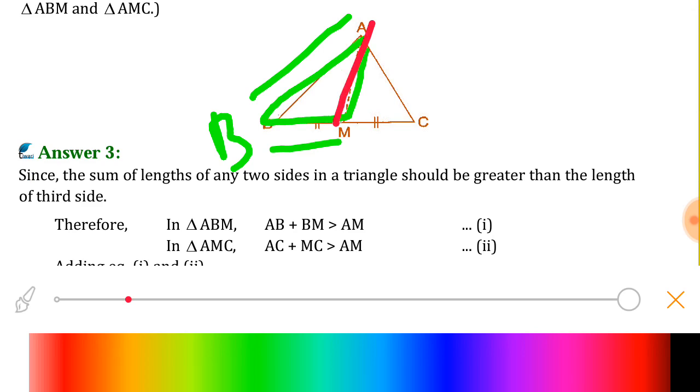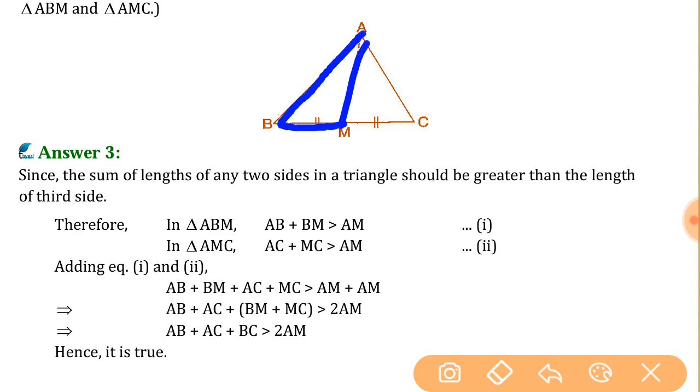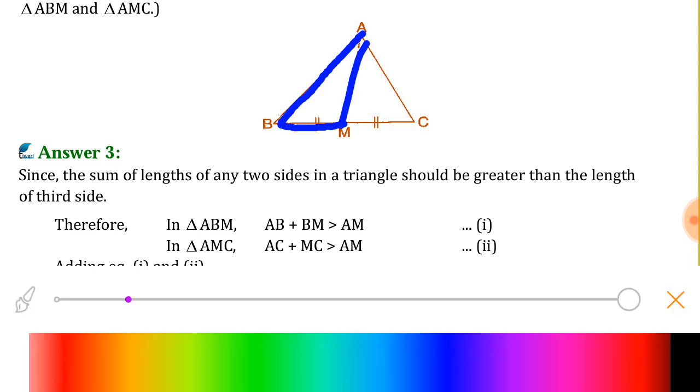In the same way, once again I'll show, wait, there is a confusion for the colors. If you choose this triangle, the sum AB plus BM is greater than AM.